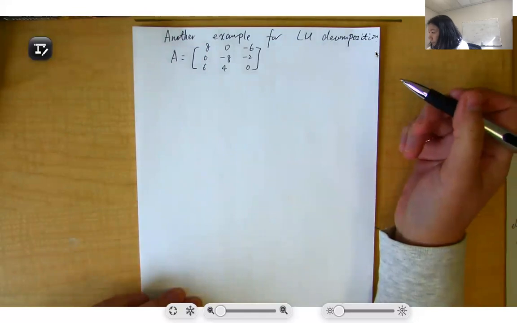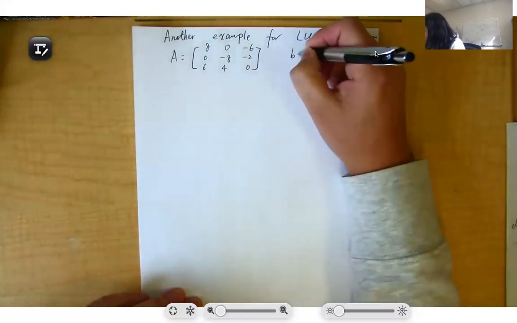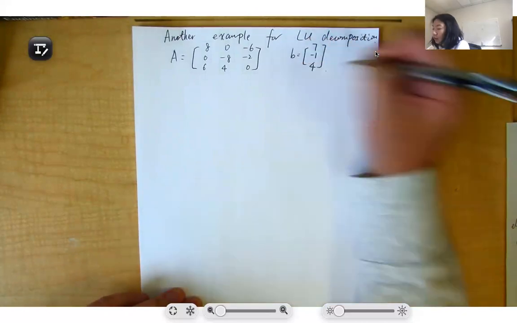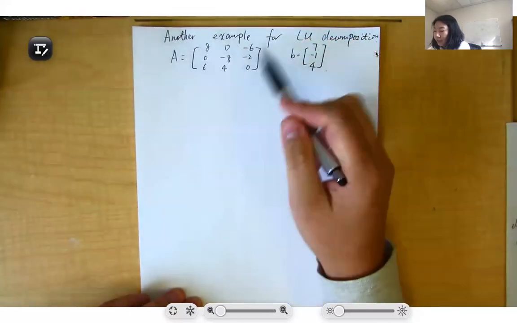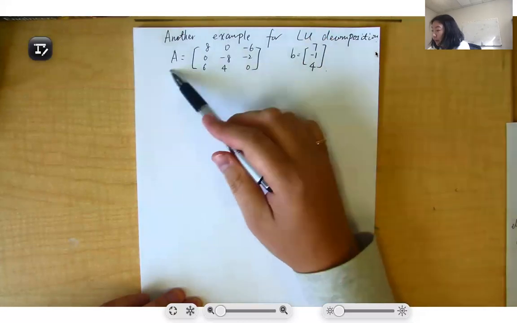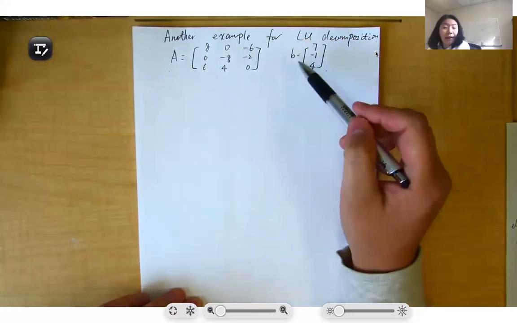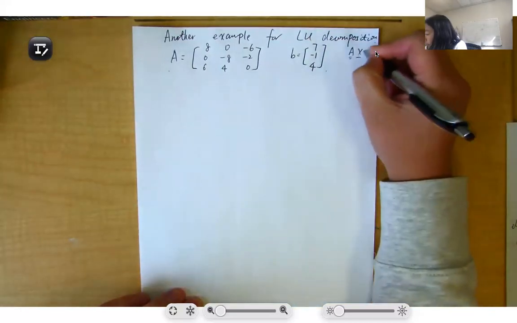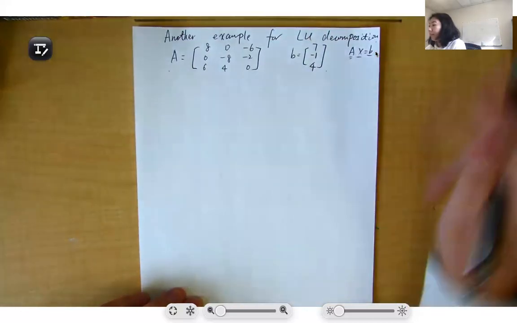and B will be equal to 7, -1, 4. And let's try to use LU decomposition to decompose this A into L and U, and try to solve for X with these matrices. So AX equals B. Okay.